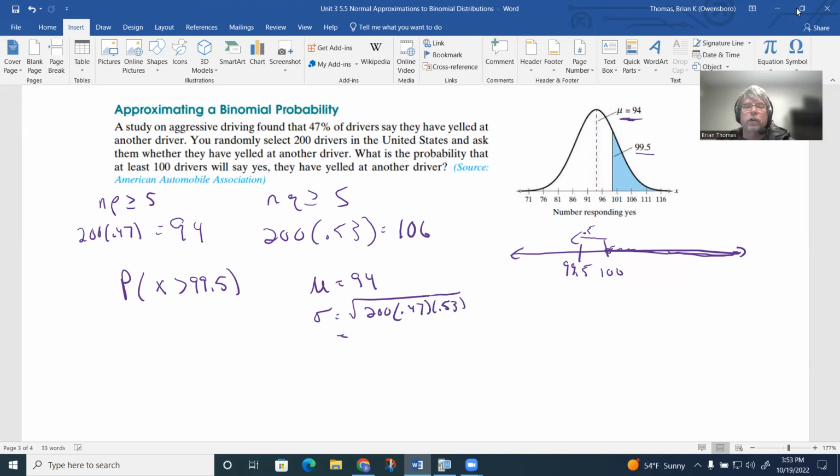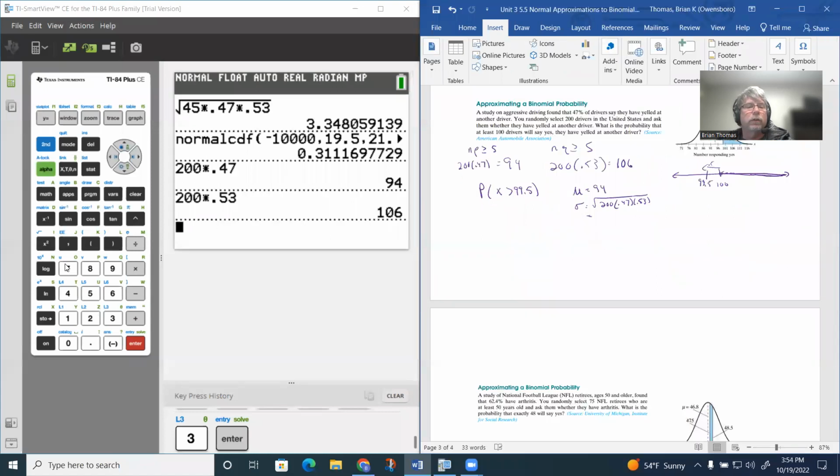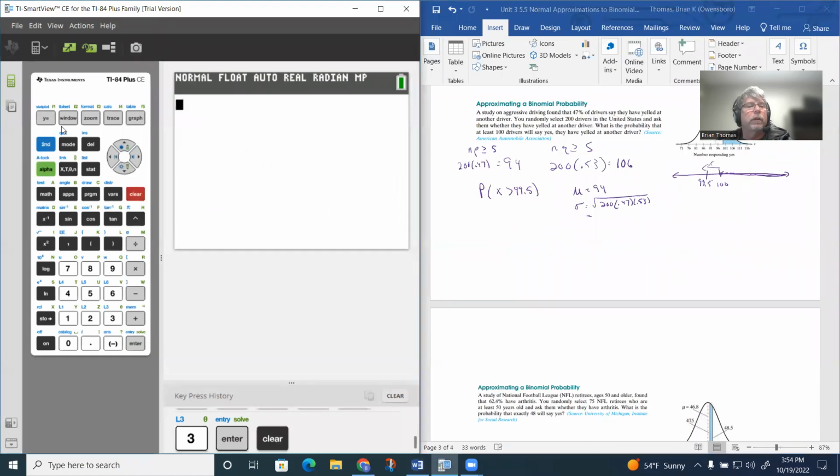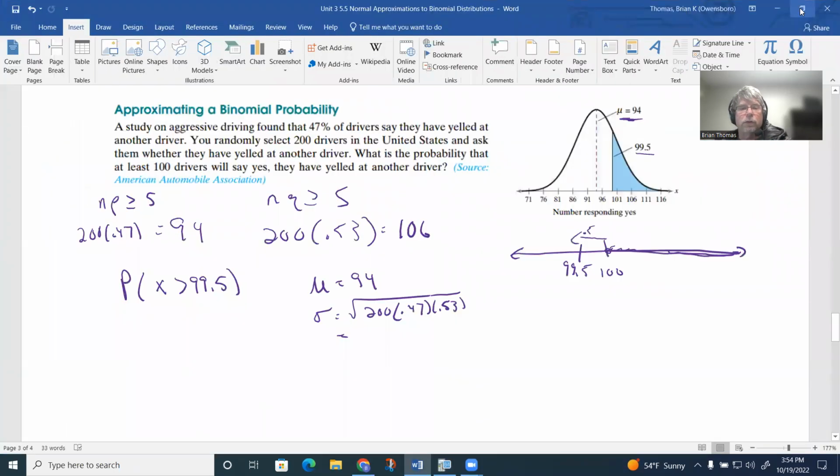So I'm going to have to slide this over again and use my calculator. So we'll clear this off. Second square root of 200 times 0.47 times 0.53. That gives us 7.05, which would actually be 7.06. So 7.06 would be our standard deviation.